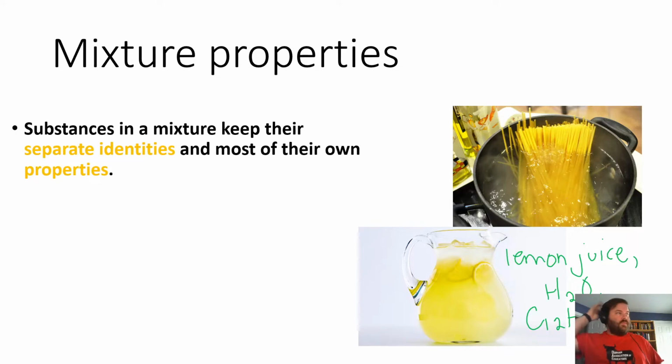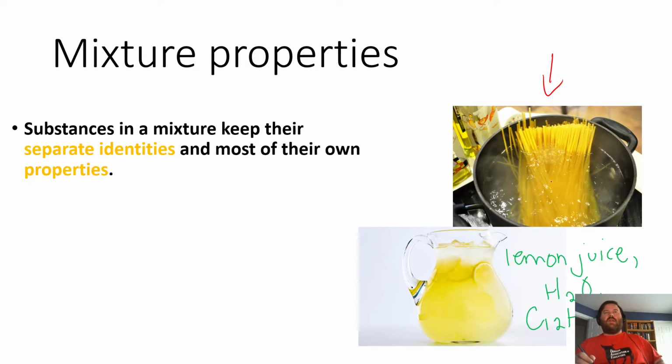So, substances in a mixture keep their separate identities and most of their own properties. Here's an extremely basic mixture. We've got pasta, which is itself kind of a mixture of a whole bunch of things, and then you're putting it in a pot of water and maybe some salt.